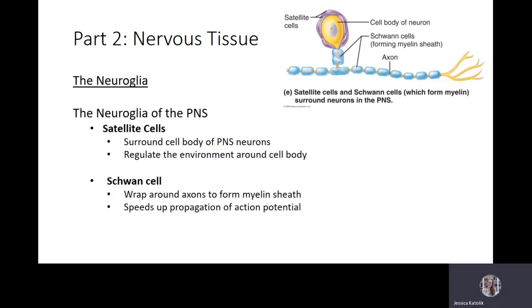Now let's go on to the neuroglia that are in the peripheral nervous system. The peripheral nervous system has two types of neuroglia, satellite cells and Schwann cells. Satellite cells, oh, I spelled Schwann wrong. Schwann has two N's, not one. My mistake.